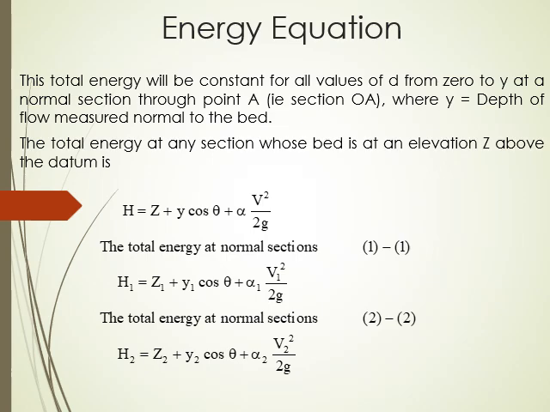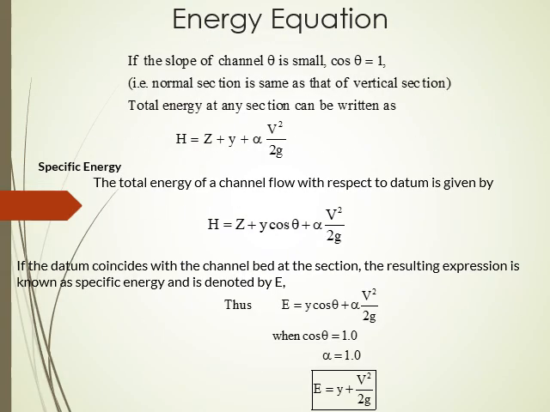Now I'm going to calculate the total head with respect to sections 1 and 2. For section 1, the equation becomes H1 equal to Z1 plus y1 cos theta plus alpha 1 V1 square by 2g. For section 2, H2 equal to Z2 plus y2 cos theta plus alpha 2 V2 square by 2g.